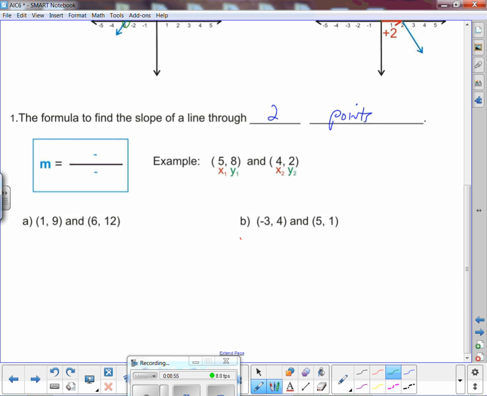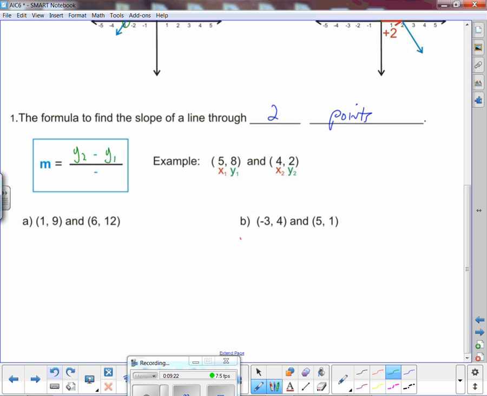Because the top of the slope is the vertical change, it's going to be y sub 2, that's a subscript of 2, minus y sub 1, that's a subscript of 1. What is that? That's the y coordinate of point 2, for our example, that number right there, right? Minus the y coordinate of point 1.